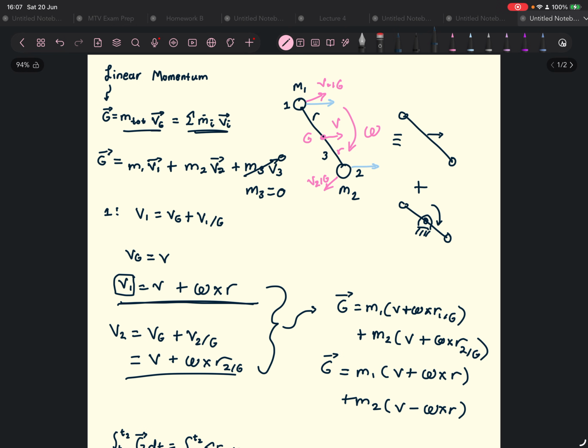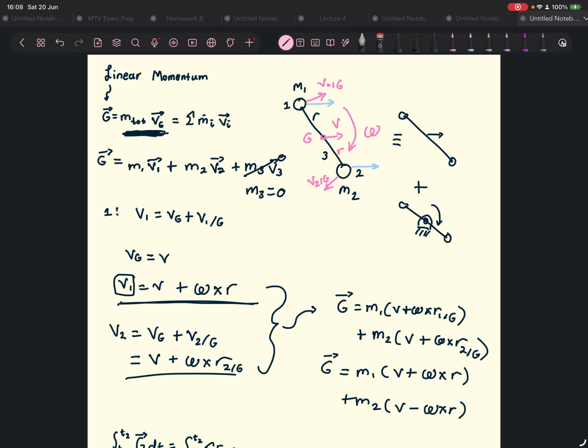So another thing, when to use which one. If you have the velocity of the center of mass, just use this equation over here. Don't waste your time and break everything up and find the absolute velocity of each and every particle.